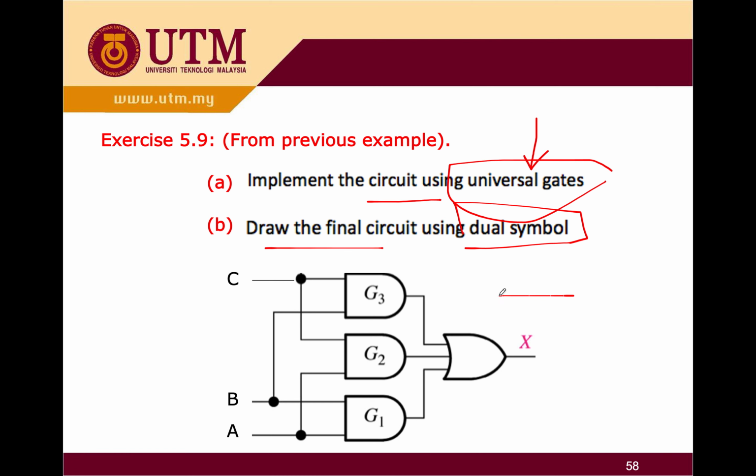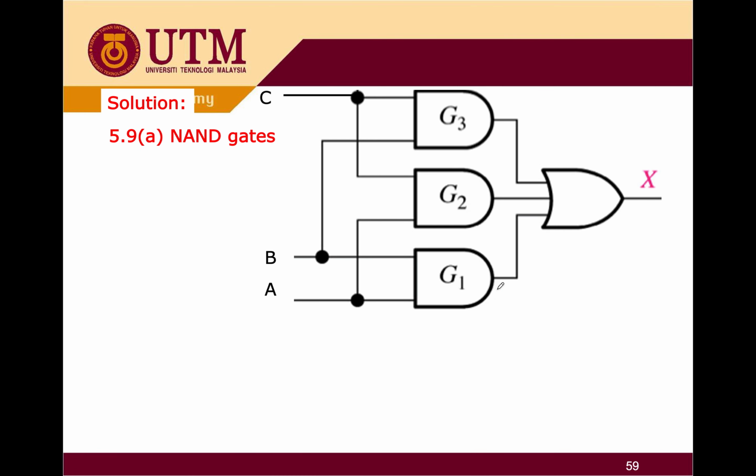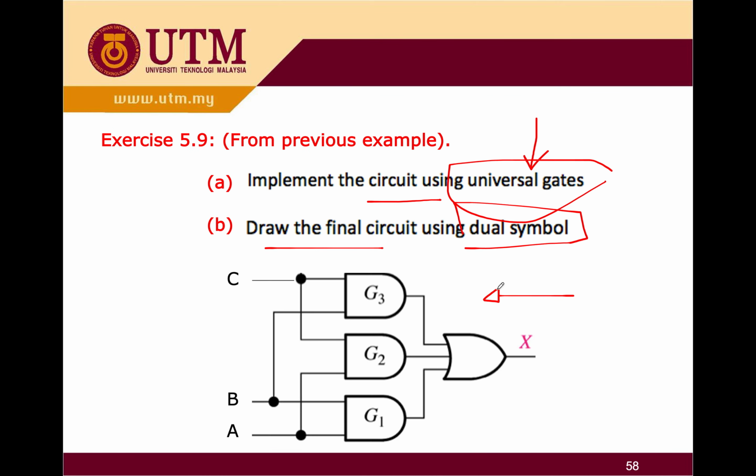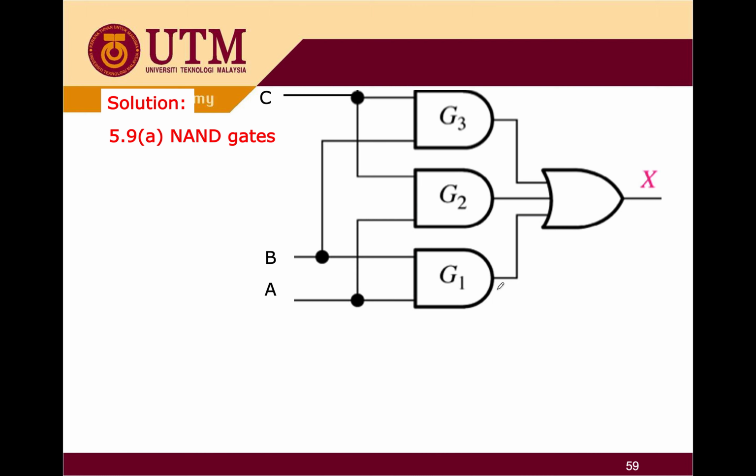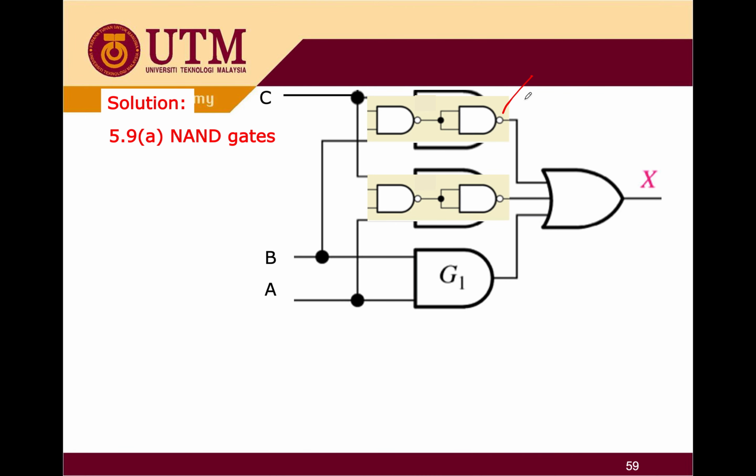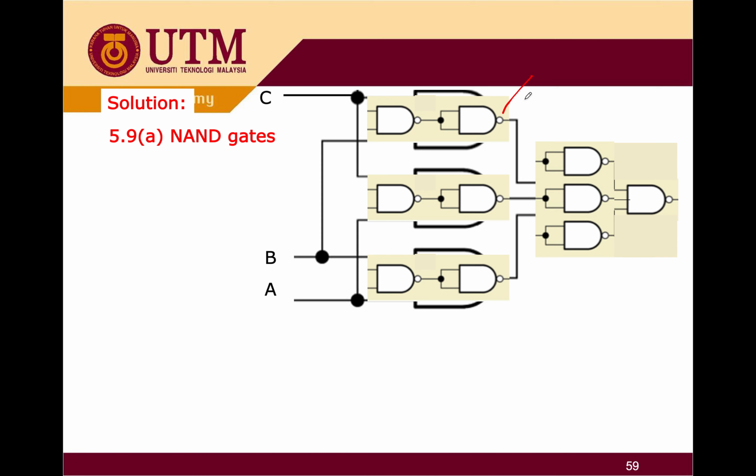So this is the circuit, and then you're going to draw it using your universal gate. It will be this one, replace it, then you get this kind of circuit.